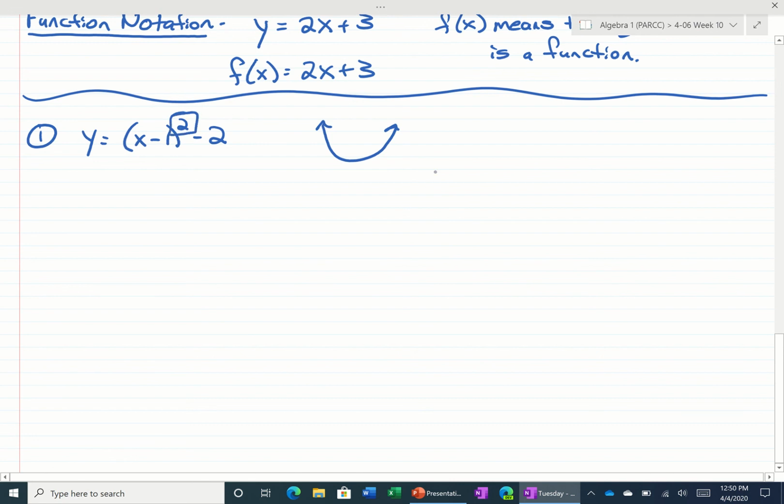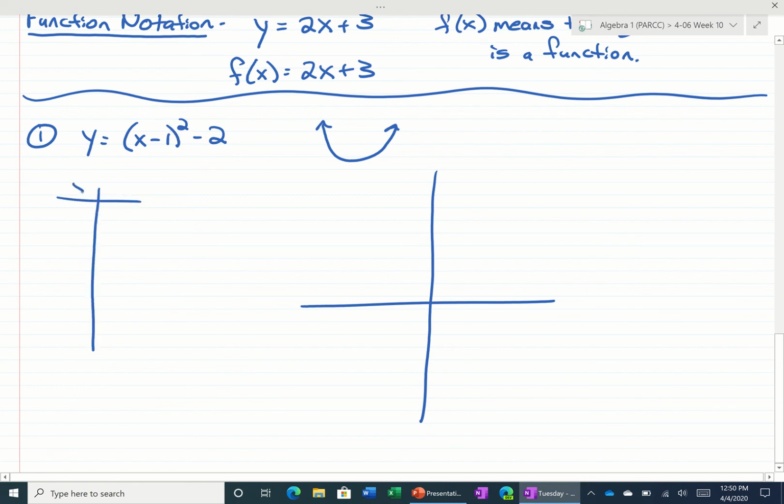And the way that we graph something that we don't know is we plug in points. I'm going to plug in x values and I'm going to plug in y values. Maybe I'll start at 0, plug in 1 and 2, plug in -1 and -2, and let's see what we get.